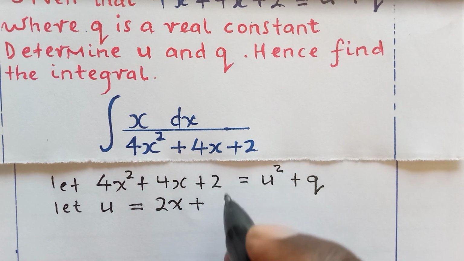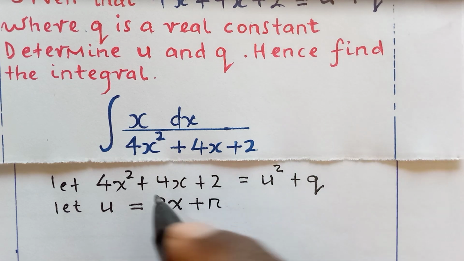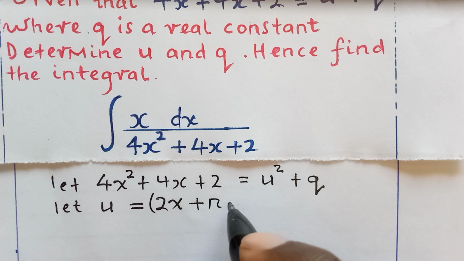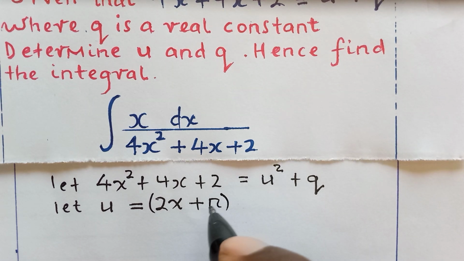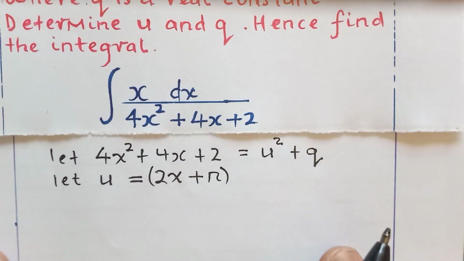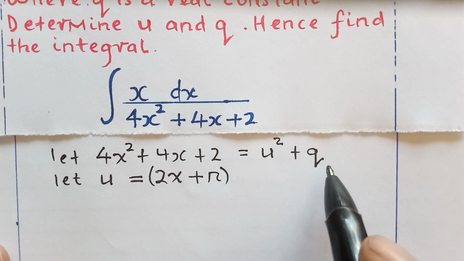So let me give this one n. Let it be unknown. As of now it's unknown. And then plus q is when we get that. So guys, we can now go ahead and perform this operation.